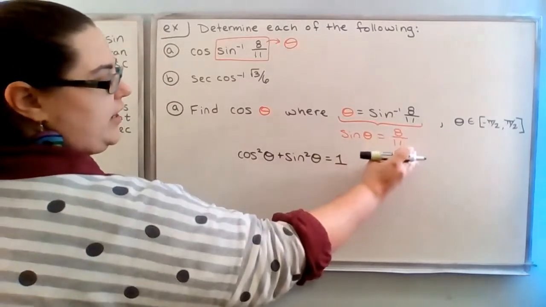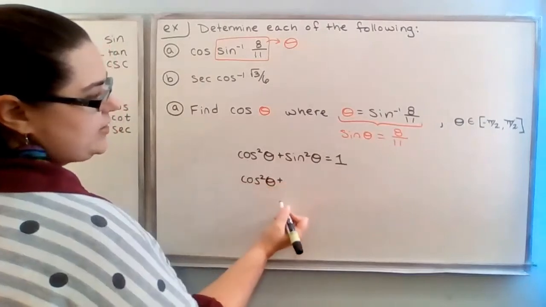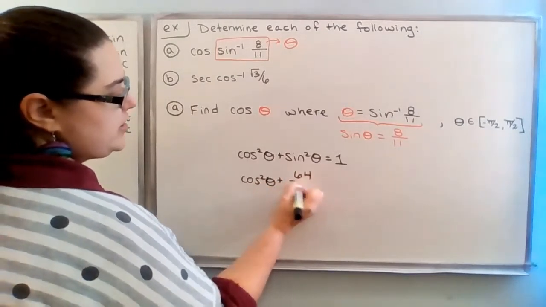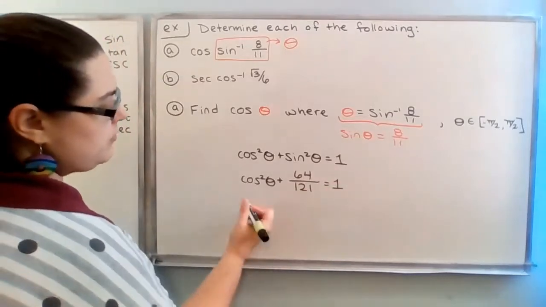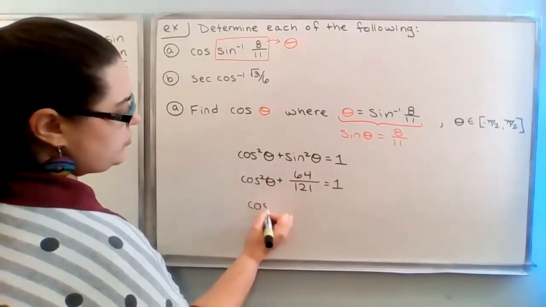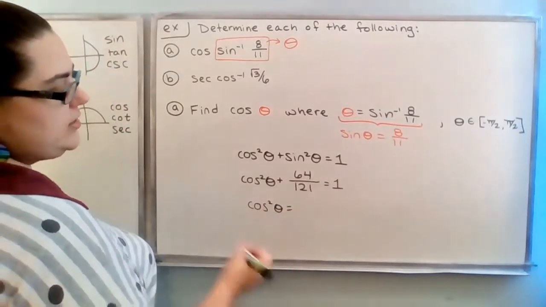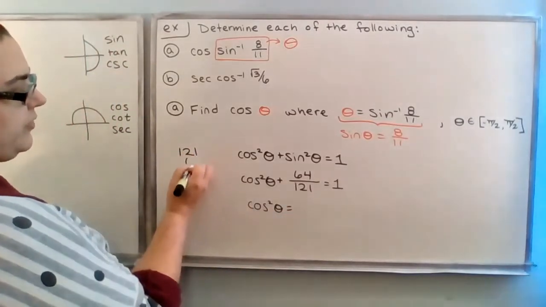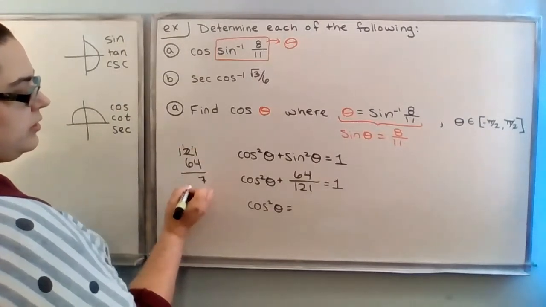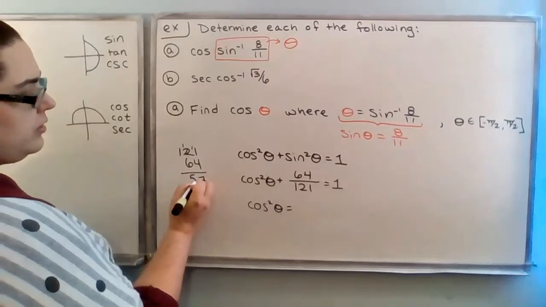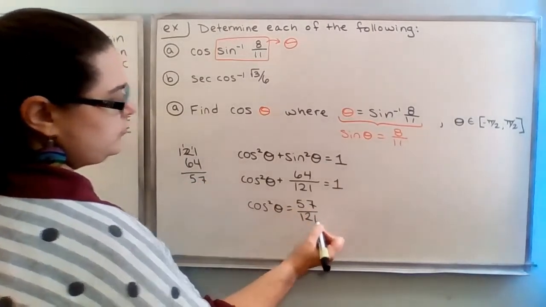But sine is 8/11, so I'm going to square that as I write this in here. That's 64 over 121. If I subtract that from both sides, I get 57 over 121.